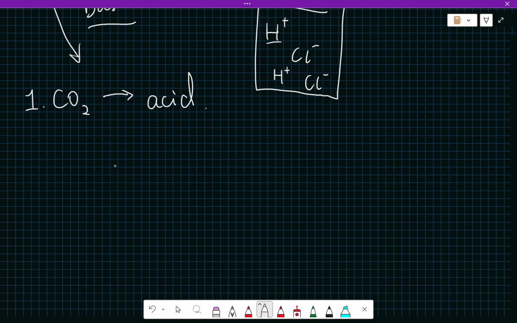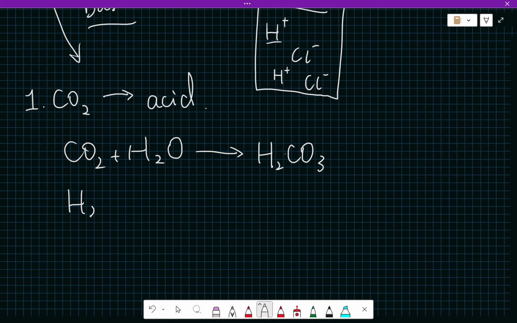So the modified Arrhenius theory takes water into account. So it says if we have this carbon dioxide, which will react with water, as a result of this reaction, we would have hydrogen carbonate. And we take this hydrogen carbonate and react it with water again.